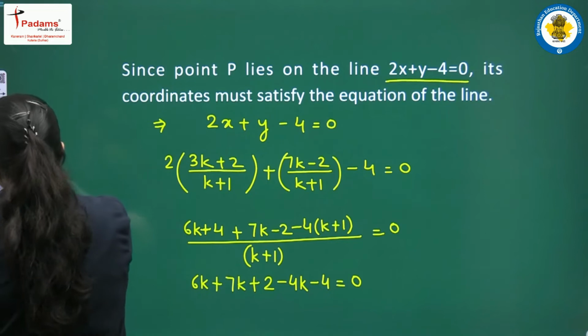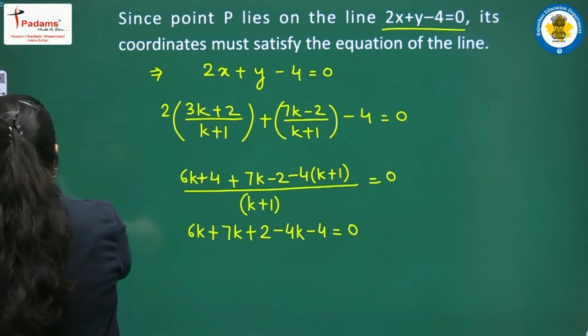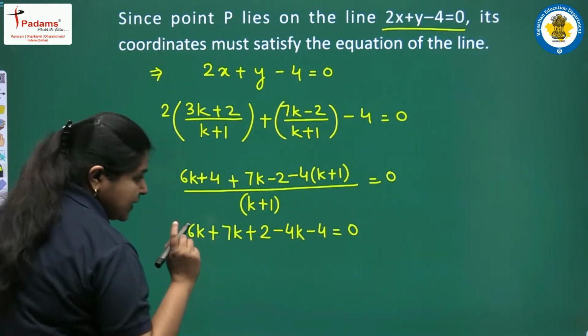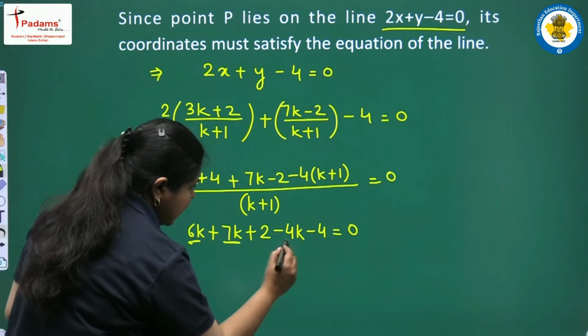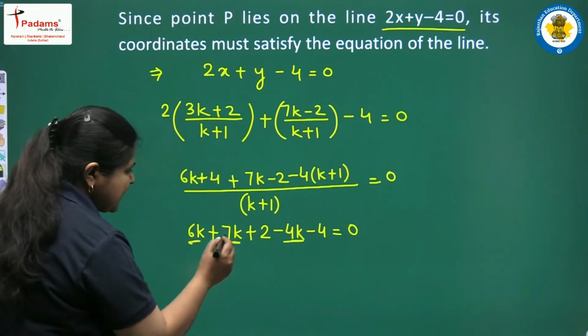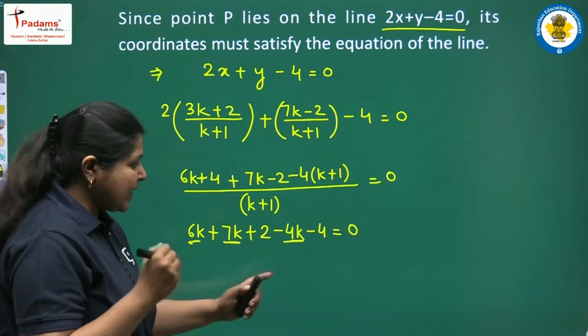So again on simplifying, just have a look. Now the like terms are 6k, 7k and minus 4k. 6 plus 7 is 13, and 13 minus 4 is 9.